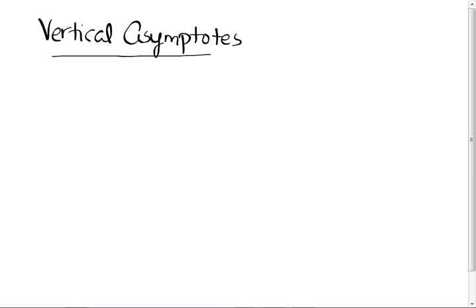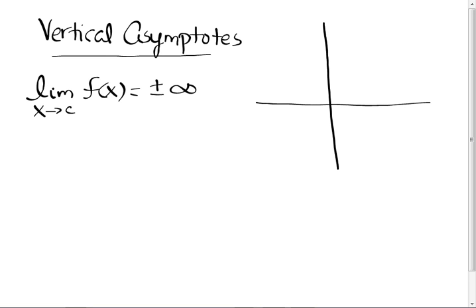Okay, vertical asymptotes, that's the limit as x approaches some value, c, and that's going to be plus or minus infinity. Just to give you a picture, because I think that helps. So this would be a vertical asymptote here.